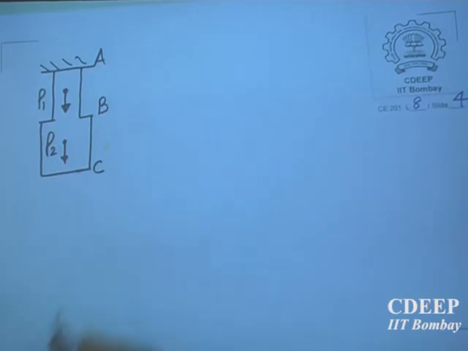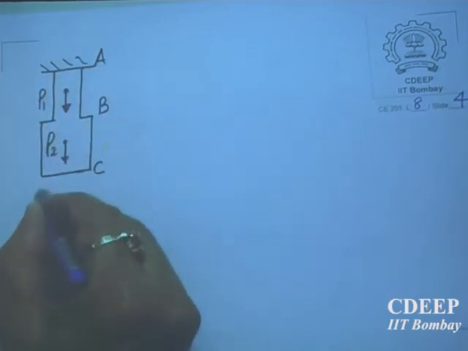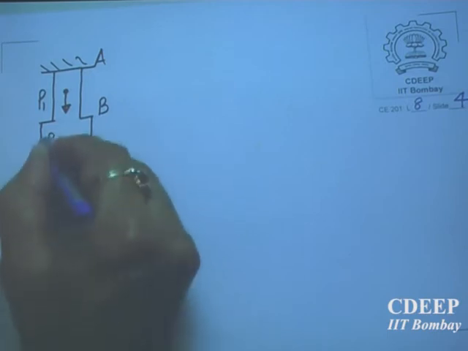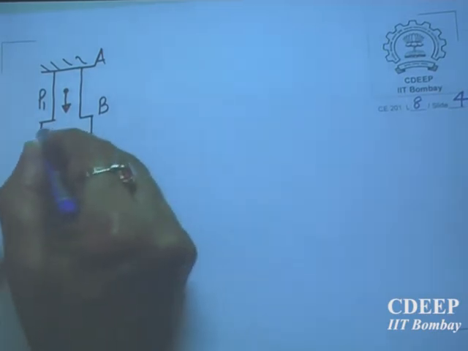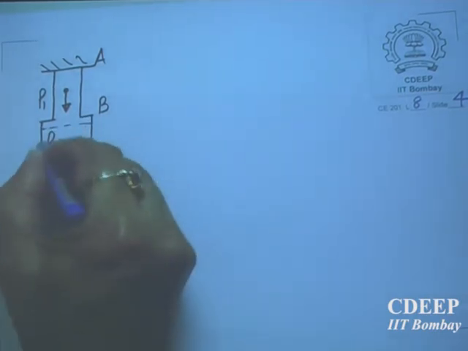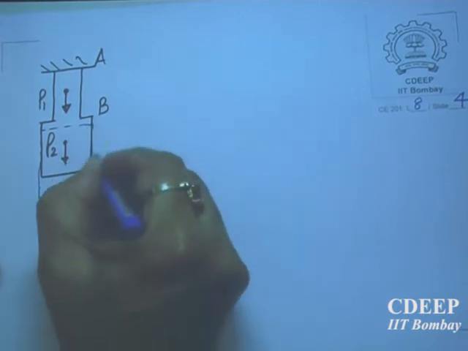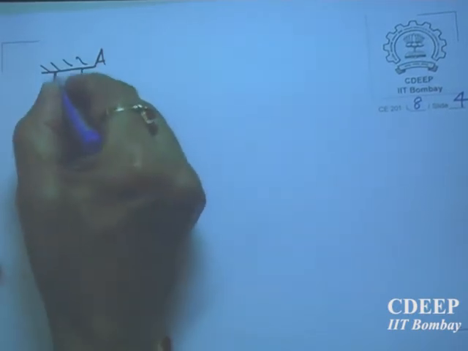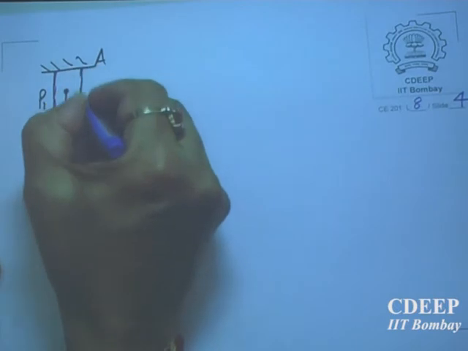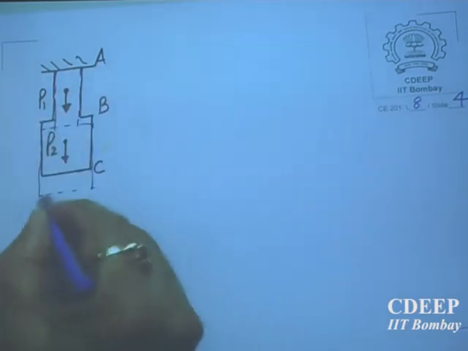And if you solve the determinate problem, then what will happen? This rod will elongate. This point will come here, and this point also will come here.